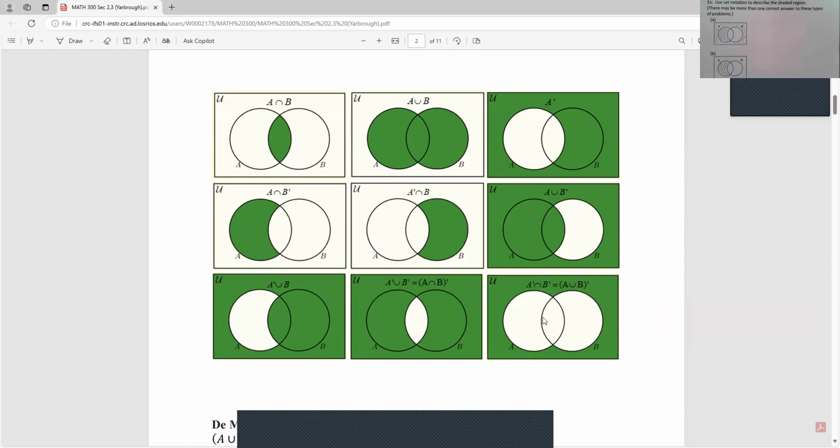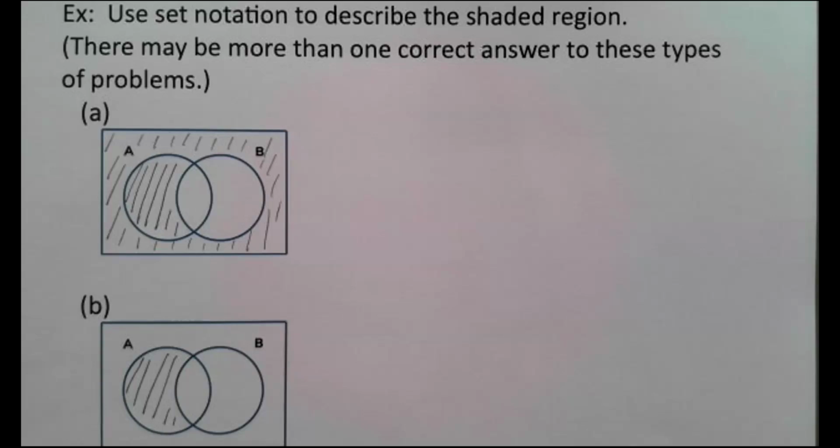If this was the shading we were given, the answer could either be A complement intersect B complement, or it could be the complement of A union B. I know that's kind of hard to read, but there's definitely more than one correct answer possible for these types of problems.